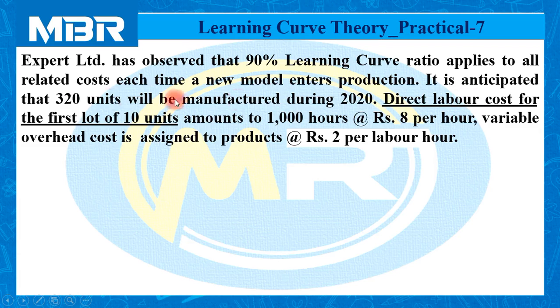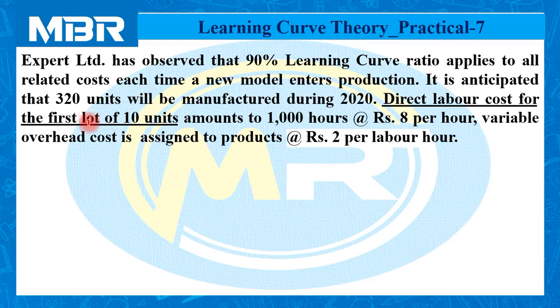Direct labor cost for the first lot of 10 units amounts to 1000 hours at the rate of rupees 8 per hour. Variable overhead cost is assigned to products at the rate of rupees 2 per labor hour.